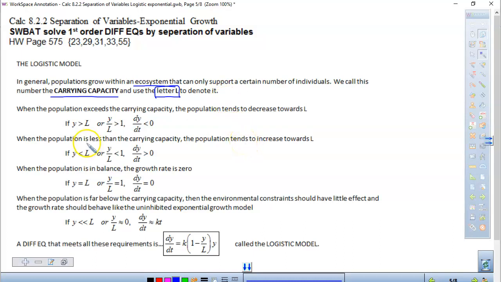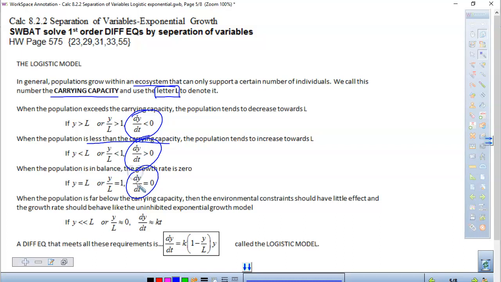When the population is less than the carrying capacity, it's still on the growth curve, so the derivative will be positive. So where we are on the curve will tell us something about the derivative. Now, when the population is in balance, it levels out and the slope of the tangent is 0.